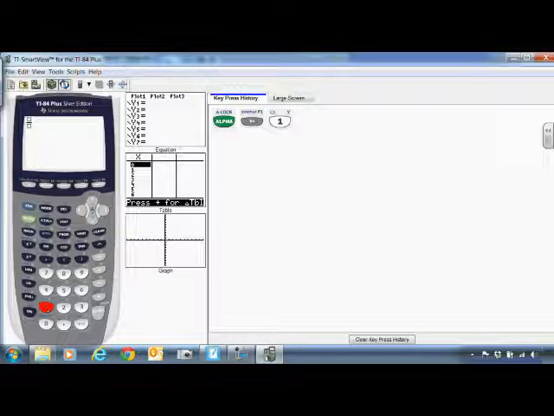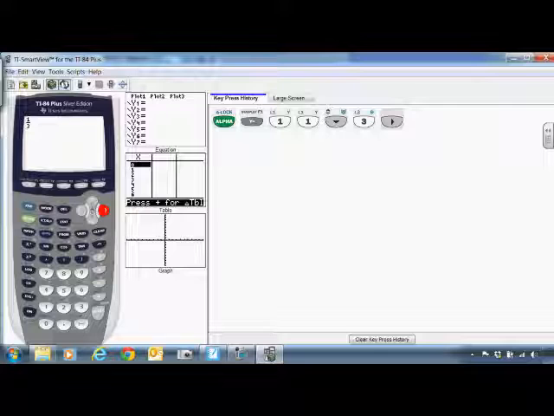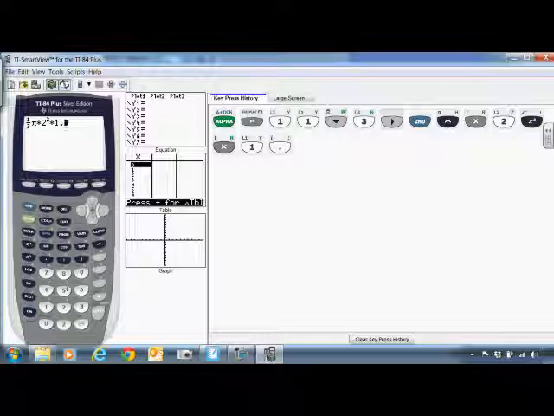So 1 as our numerator, arrow down to the denominator, 3, and then arrow over to say that you're done with your fraction, times pi, so second caret, times 2 squared, so 2, and then x squared, times 1.5. And then press enter. And now we have our solution. Let's go back to our question.